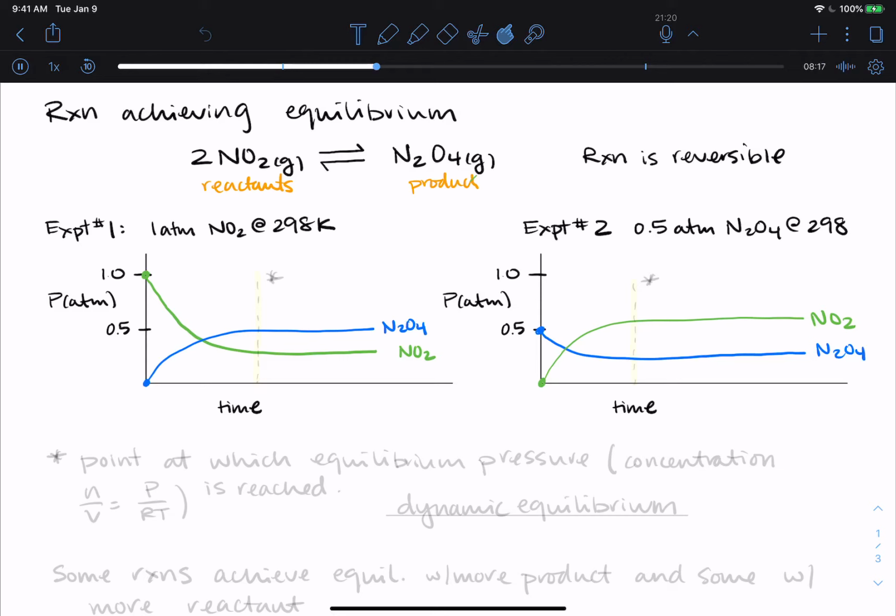So the big thing that I want to point out here, right, we have pressures changing over time, but we see that there's a point at which these pressures stop changing. So I've got just kind of a dashed line. I will go back and highlight this so it shows up just a little bit better. Maybe let's highlight it in yellow so it'll stand out.